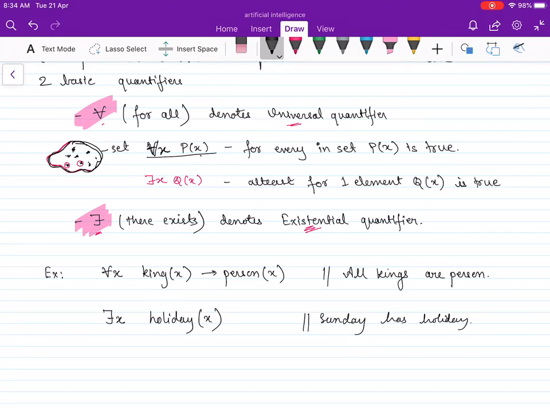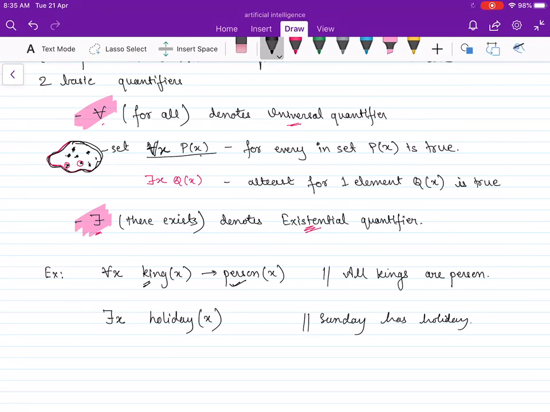For example, for all x, king(x) implies person(x). So all the kings are persons: every element of king will be a person.